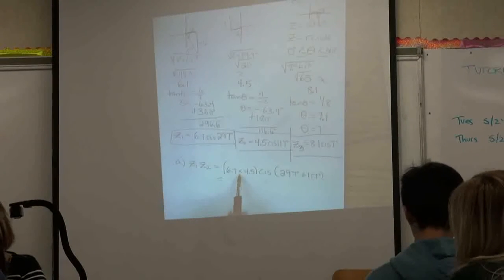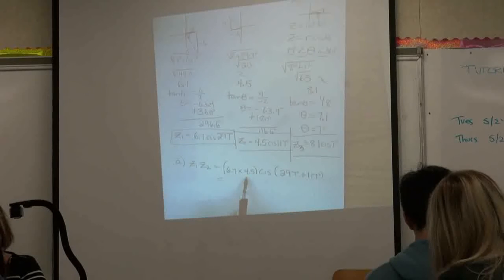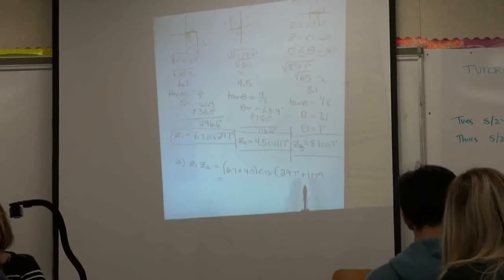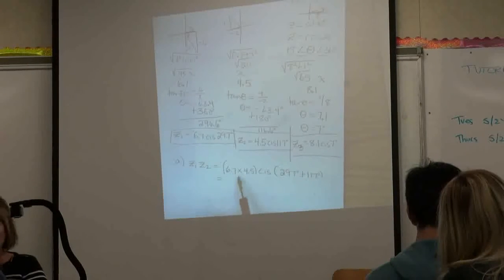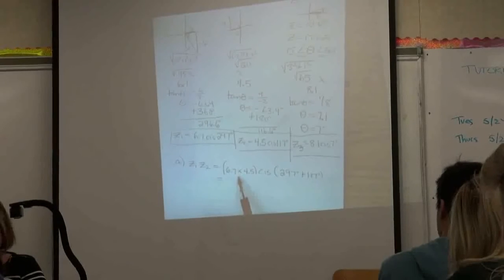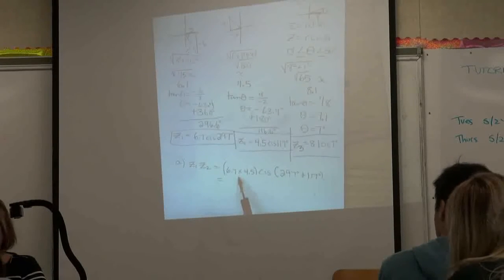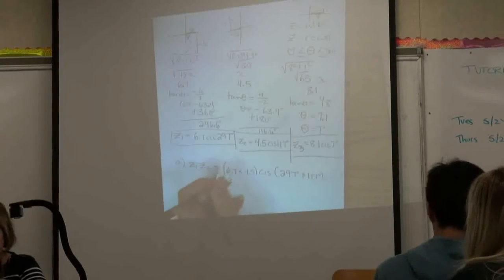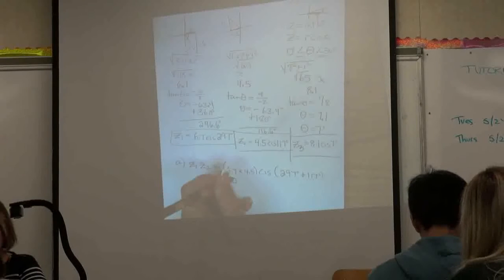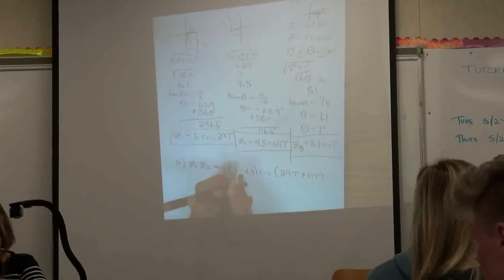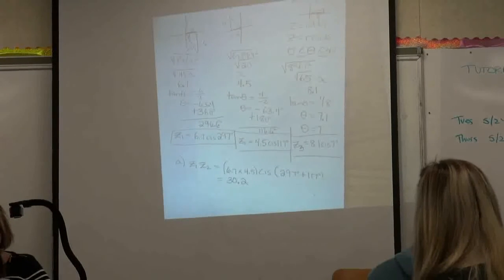Right. You multiply the moduli, you add the arguments. You do not add the moduli. In fact, there's never an instance where you ever add moduli. 6.7 times 4.5 is 30.15, so if we rounded that to the nearest tenth, 30.2.